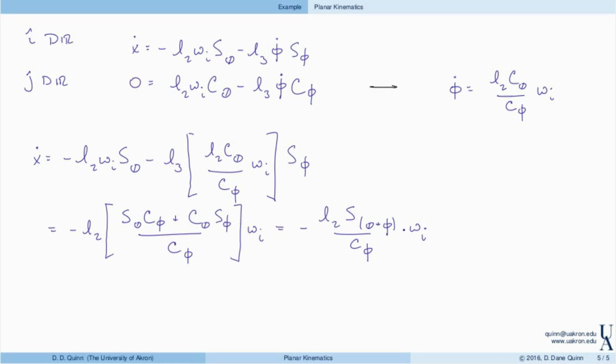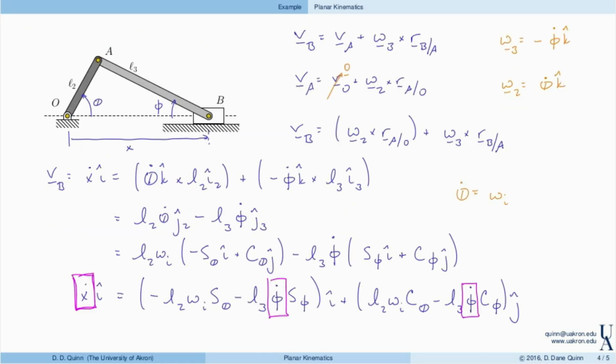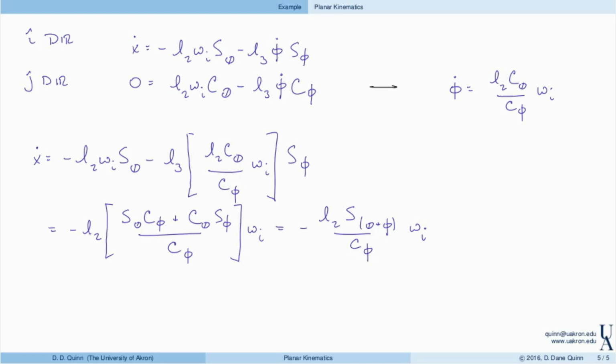So if I double the speed of link 2, let's go back and look at the picture here. So if this link spins twice as fast, then the block moves twice as fast. Again, the speed of the block is proportional to the input speed of the link.